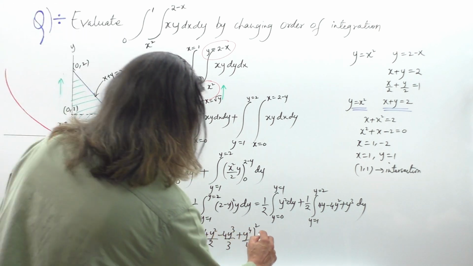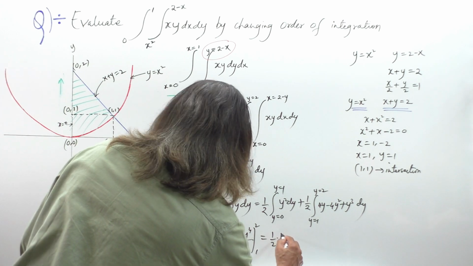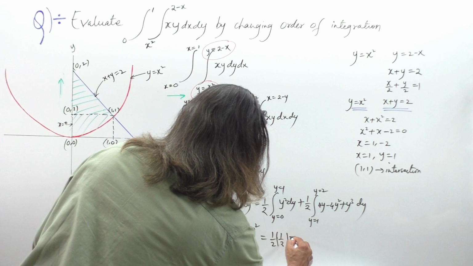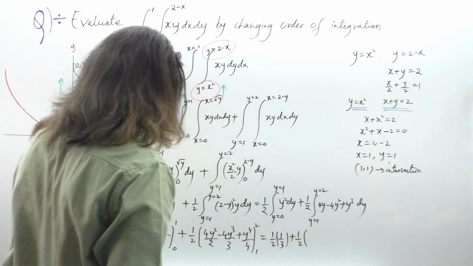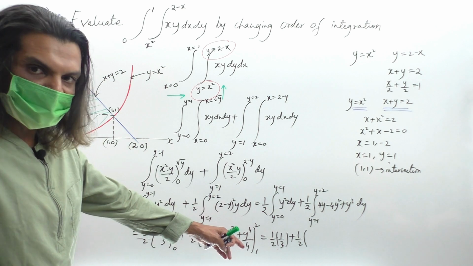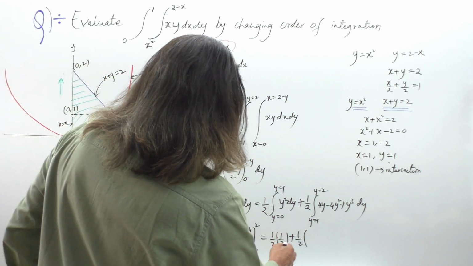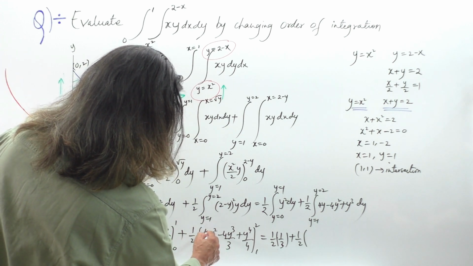Put all the limits here. So this becomes 1 by 2 into 1 by 3, right, plus 1 by 2 into, again put the limits here, everything. So this will become how much?